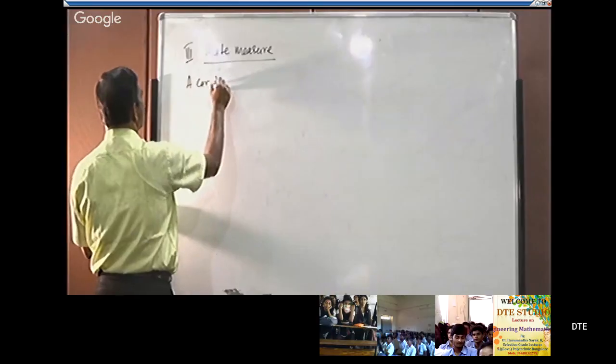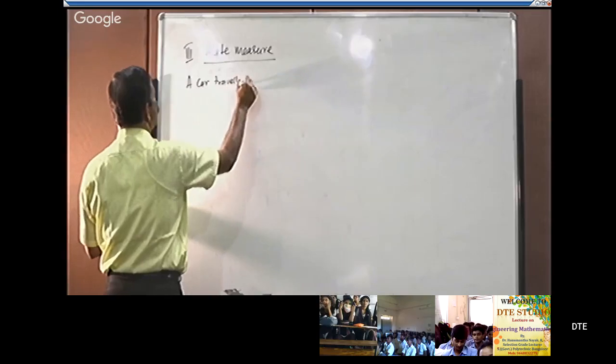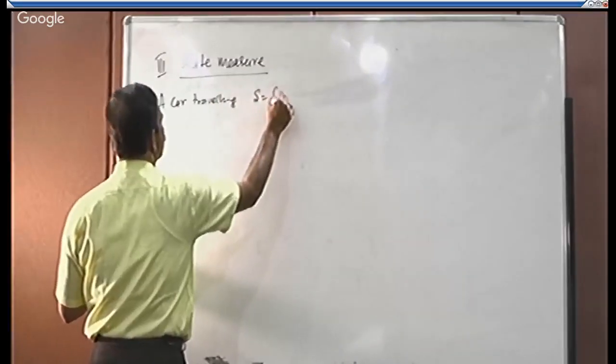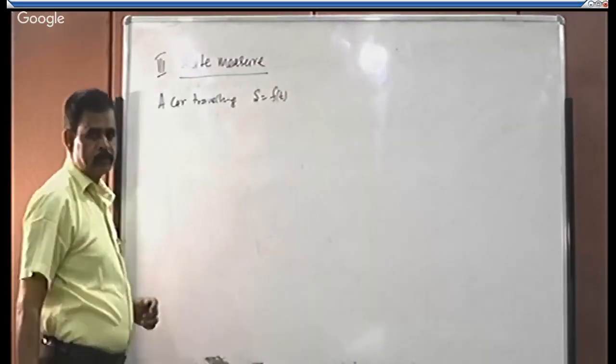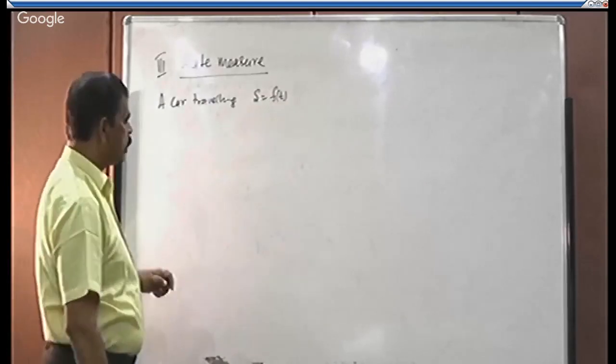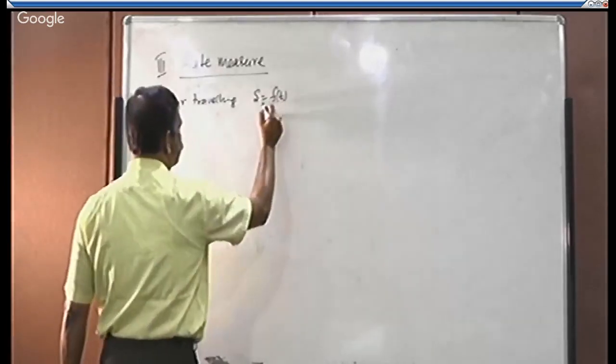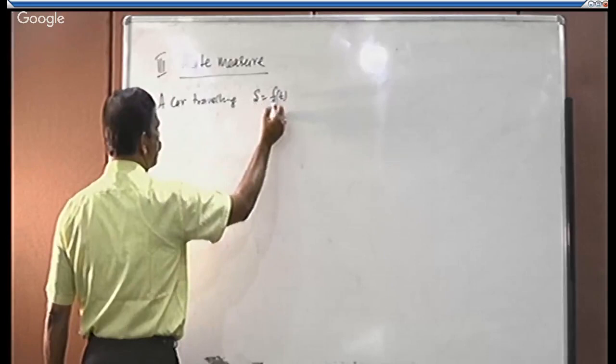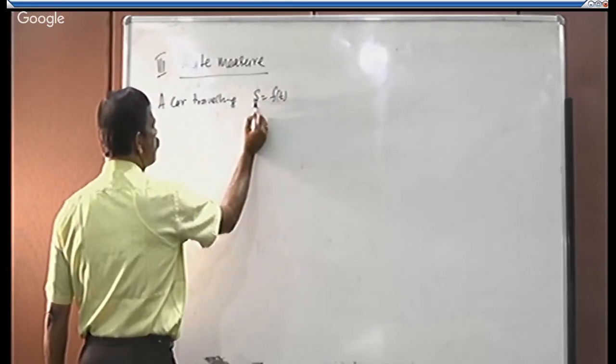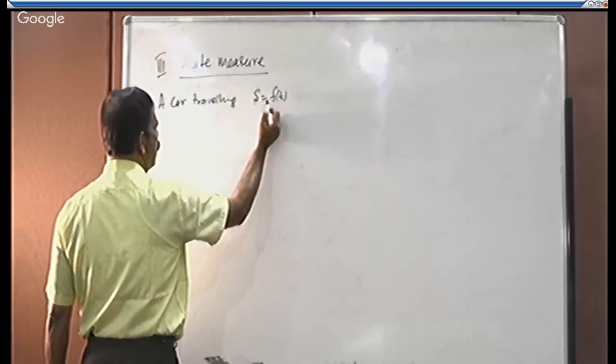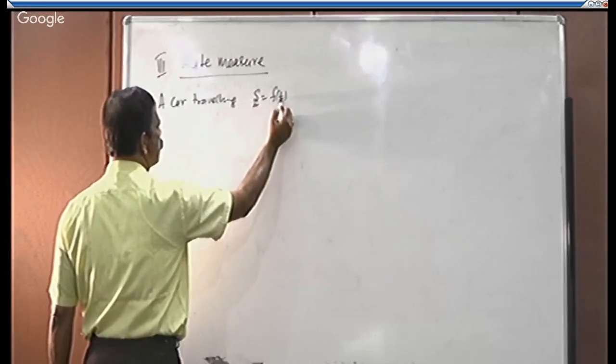Okay. A car is traveling according to the equation S is equal to f of t. It indicates what? The distance covered by a car is S in a time t.